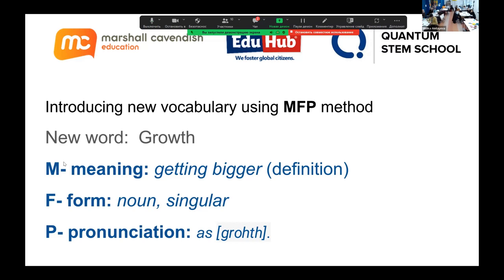So while you're giving the new word, you don't just give the word, but you have to also explain its meaning. You can deliver it by using other definitions, dictionaries, visual aids, etc. Context, as well as the form. Is it a noun or adjective or a verb? What form of the word is it? And the pronunciation.